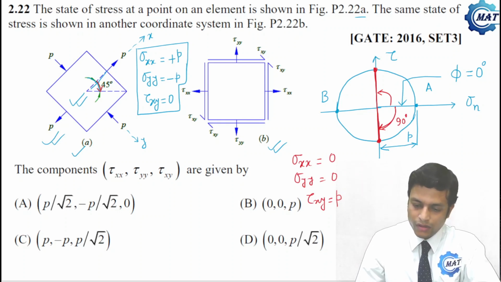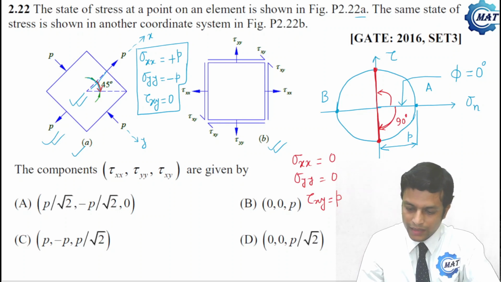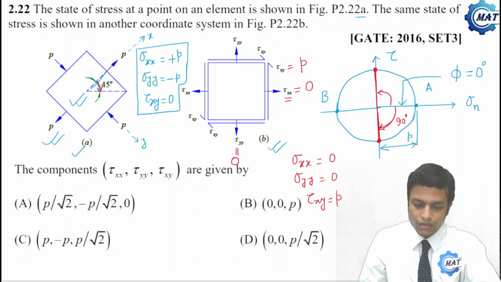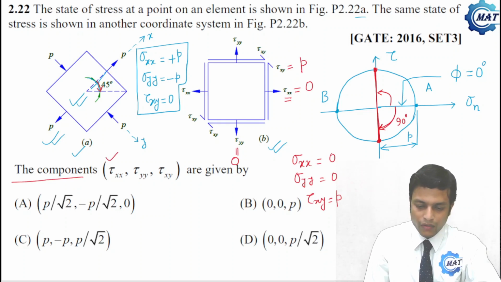So the components sigma xx is 0, sigma yy is 0, and tau xy is p. Which option is correct?